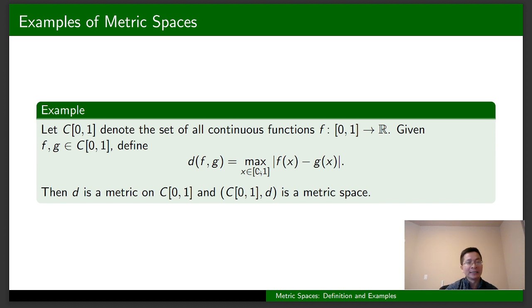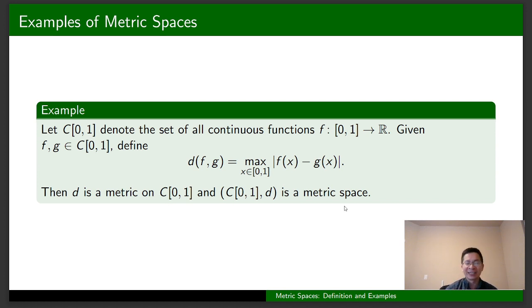The function d is well defined because of the extreme value theorem, saying that any continuous function attains its maximum on any closed bounded interval. Then we can show that d is a metric on C[0,1] and C[0,1] with d is a metric space.